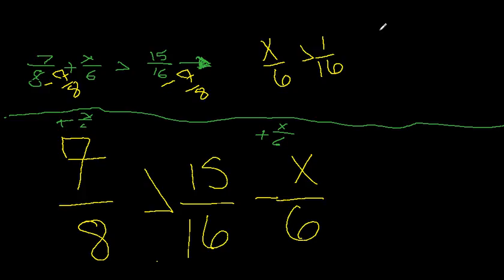So still, x is not isolated. You still need to isolate that variable. So Corinne, what do you need to do here to get x by itself? Yeah, absolutely. So multiply both sides by 6. Yeah, absolutely.